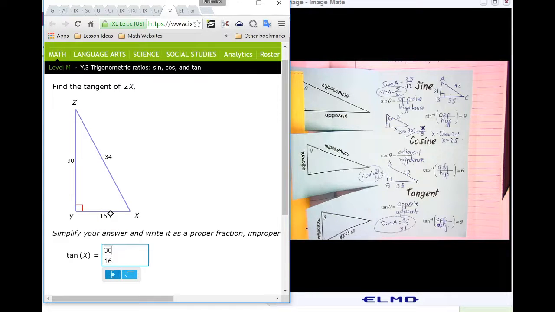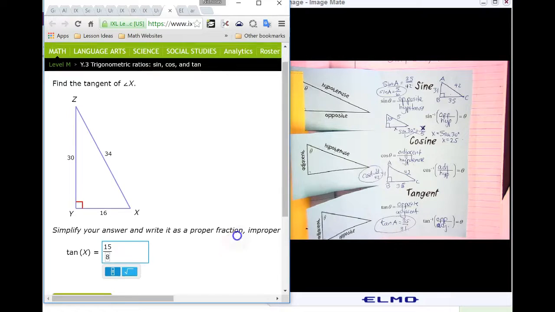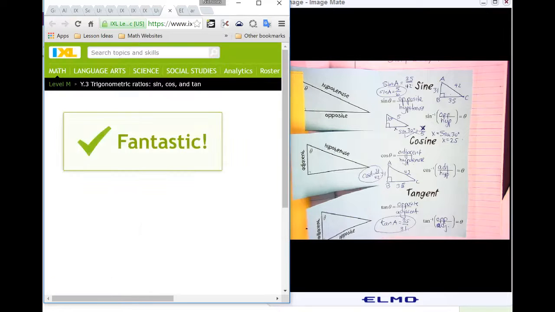It looks like I can reduce that. We'll divide by 2, so 30 divided by 2 is 15, and 16 divided by 2 is 8. And there's the answer for that one.